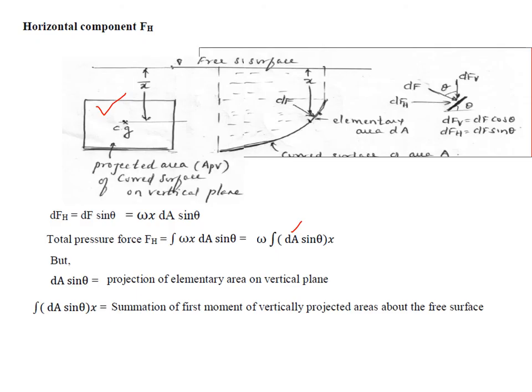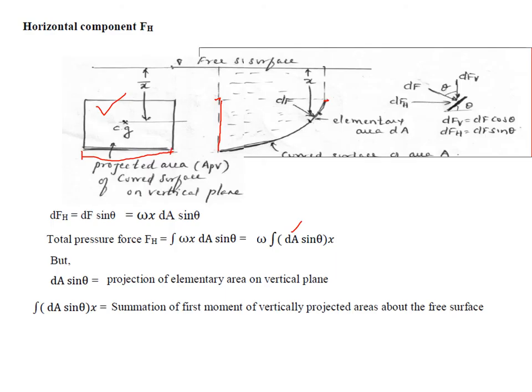That means it will be a rectangular surface, something like this. At this point you project onto the plane that is already there, so you will get this line into this length of the curved surface. So this depth into length will give the projected area.